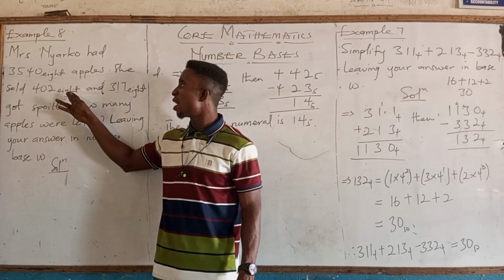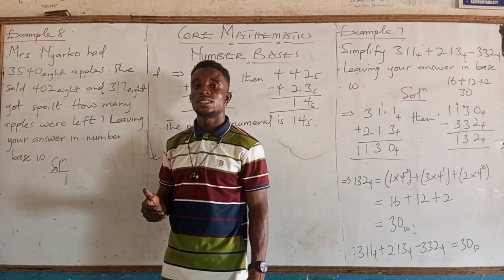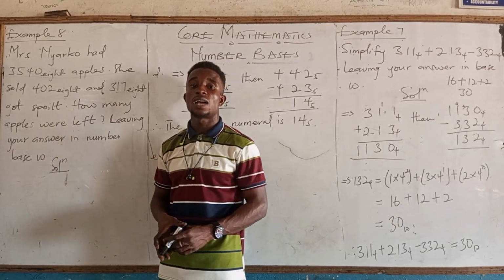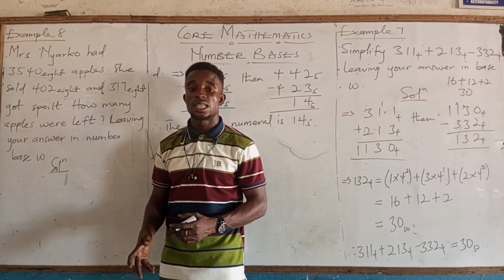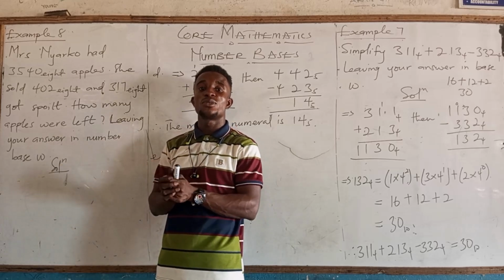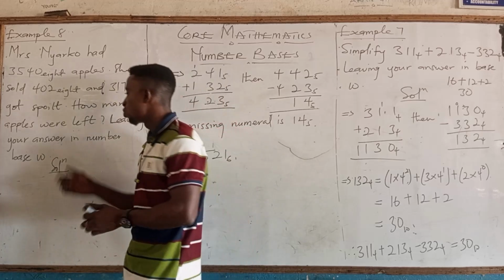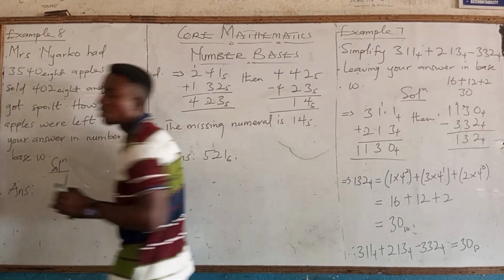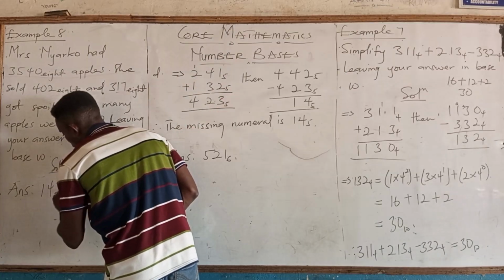After adding this to this and subtracting from that, the result you are going to get is the number of apples that are left, and it is still going to be grouped in 8. Then we convert it to base 10. So we will get to know the number of units of apples that are left. That is base 10. Are we okay? Okay. So that one I won't solve and I'll write the answer straight. So I'm writing the number of apples left: 1423 apples.